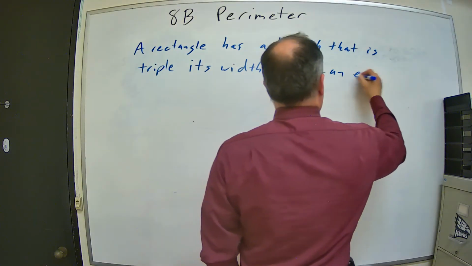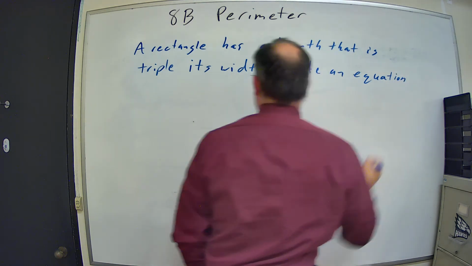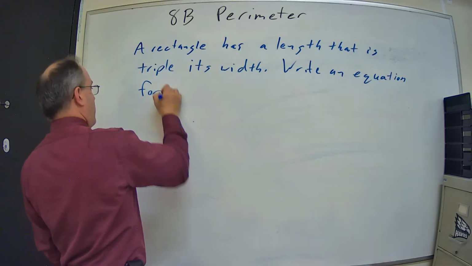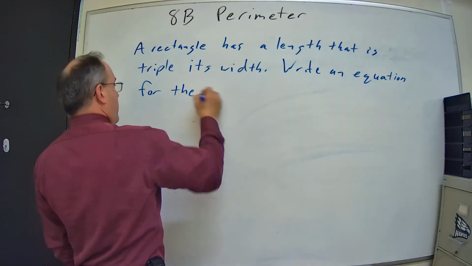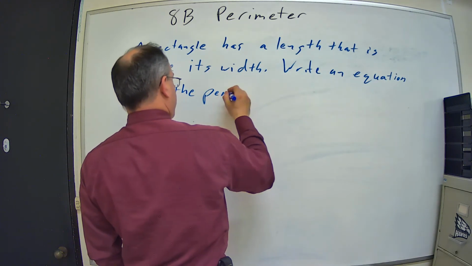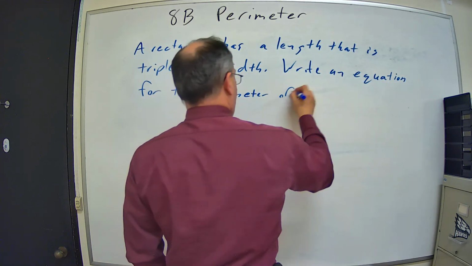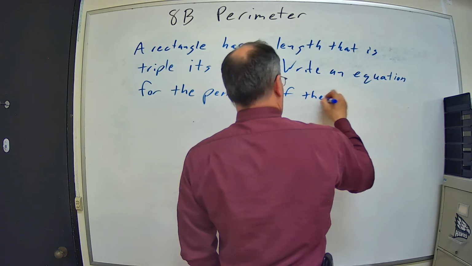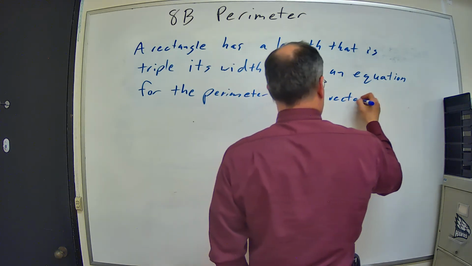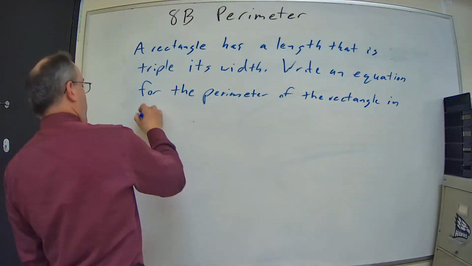Write an equation for the perimeter of the rectangle in terms of one variable.